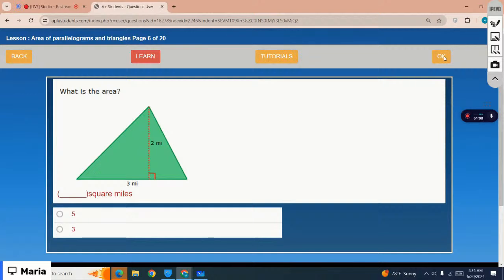The area of the triangle is half times base times height, right? So yes, 3 square miles is the correct option.